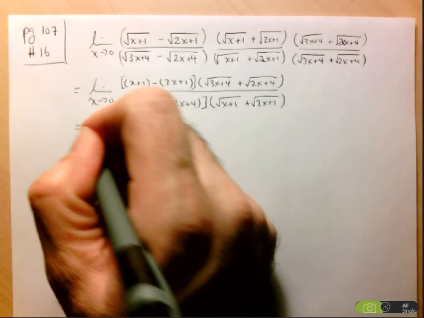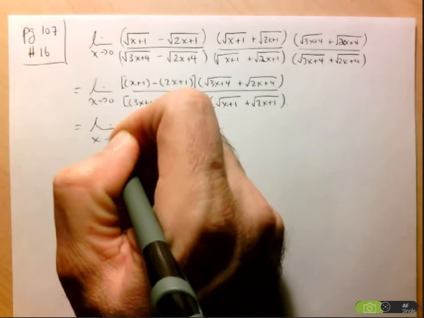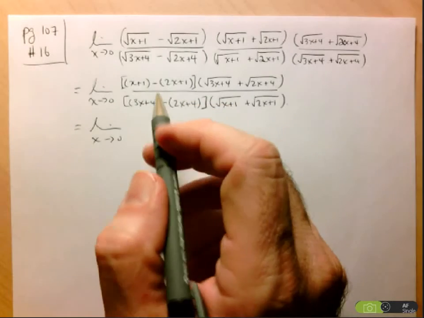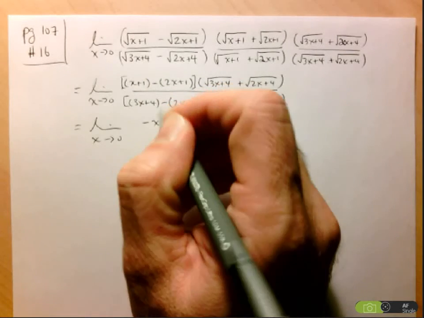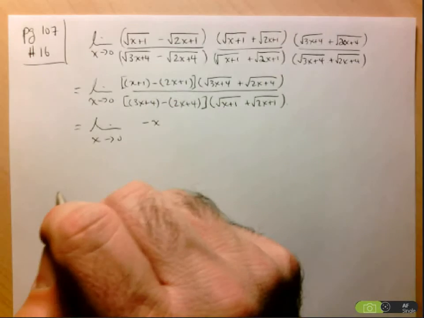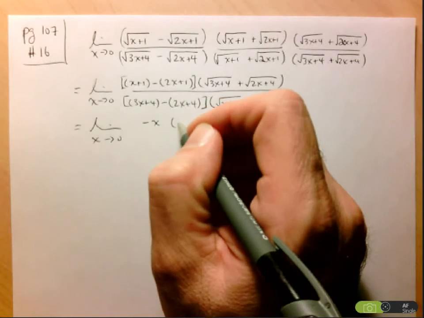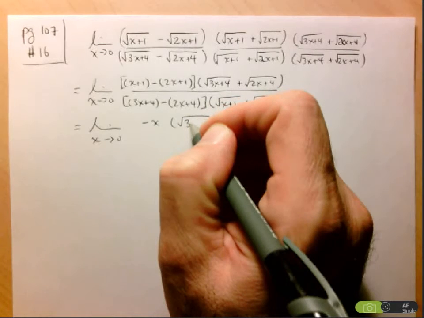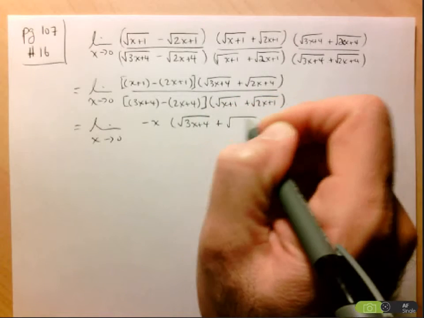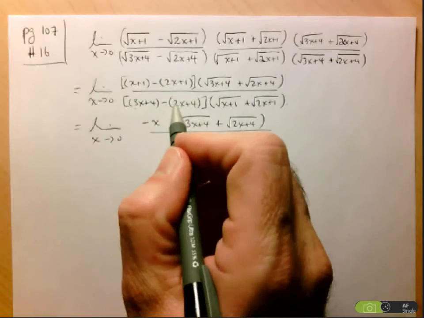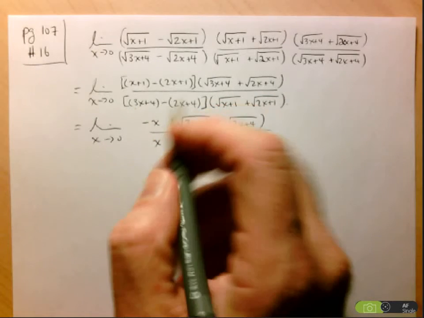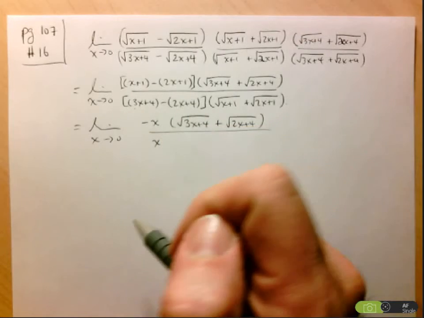Now let's go ahead and see if we can simplify here. What we're left with in the numerator is x minus 2x, so negative x, and 1 minus 1 is 0. So that simplifies quite nicely. And in the denominator we have 3x minus 2x, so x, and 4 minus 4, so again 0.